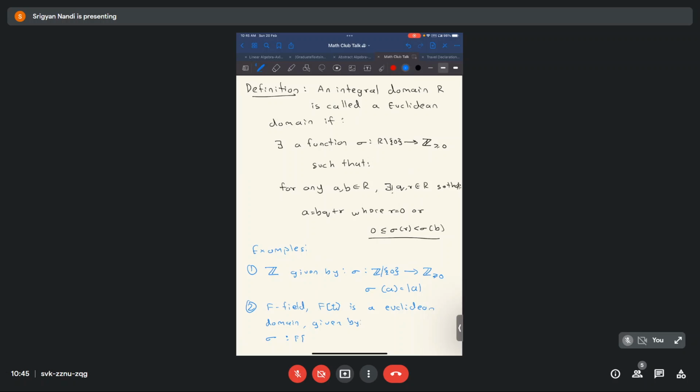The size function takes all non-zero elements of the polynomial ring to the non-negative integers, and the size of the polynomial f(t) is equal to its degree, since division is always done by degree in a ring of polynomials over a field.